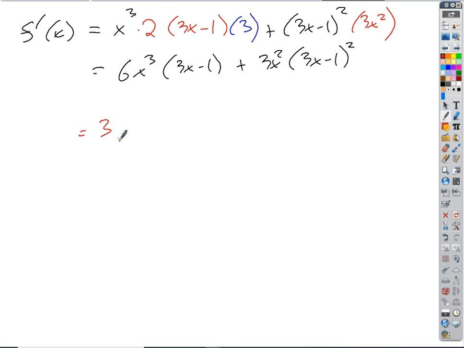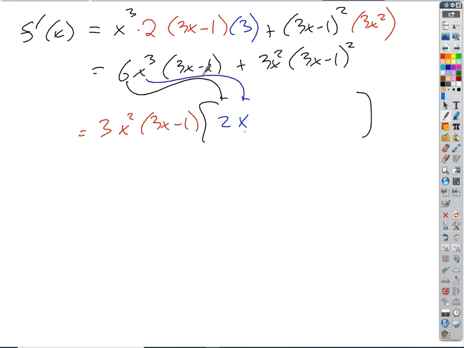What can I take out from the other like bases? I've got x's here. x squared. So I can take out an x squared, and what about this other like base? 3x minus 1, and that's gonna leave us with what behind it? So I'm gonna get a 2, I'm gonna get an x, and that's gonna go away, right?